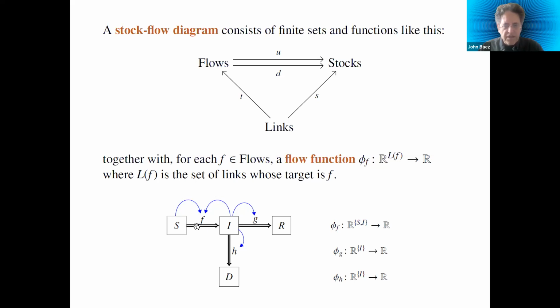So you take the set of links whose target is that flow, and you pick a function from R to that set to R. For example, this flow F will be equipped with a function from R to the {S, I} to R, because the number of susceptible people and the number of infected people both affect the flow of people from the susceptible to the infected stock.